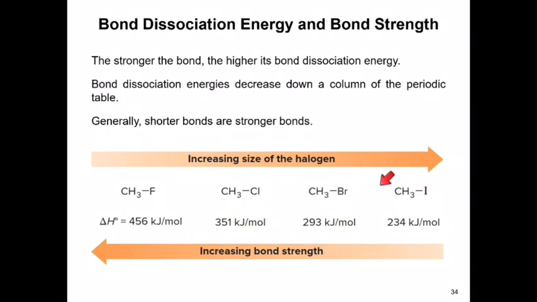You can see how that's related to the strength of the bond. The carbon to iodine bond is the longest, and so it's also the weakest, whereas the carbon to fluorine bond is the shortest, but also the strongest. It would require more energy to break the carbon to fluorine bond compared to the carbon to iodine bond.